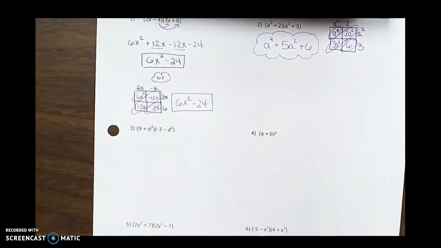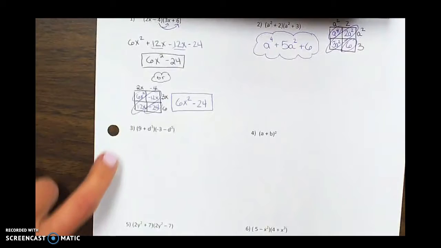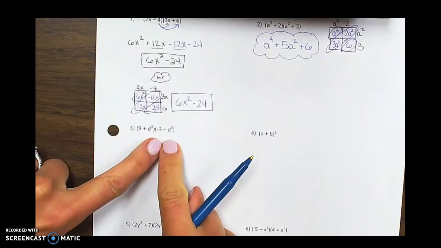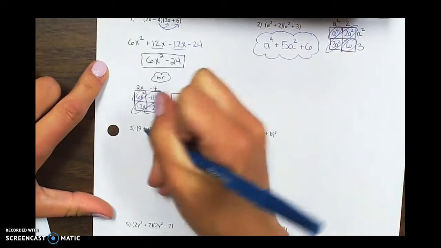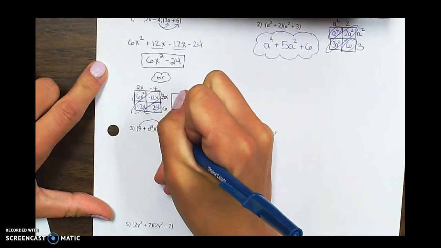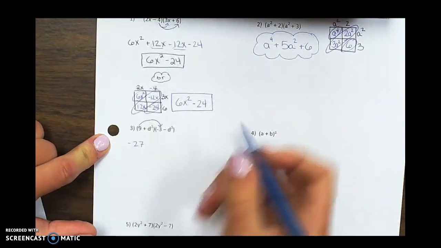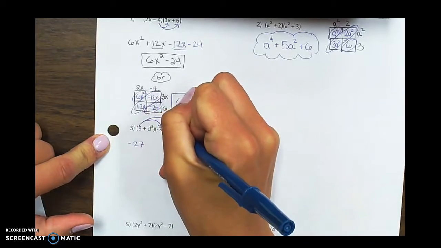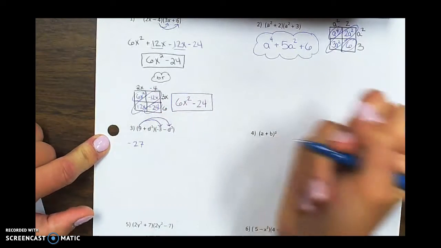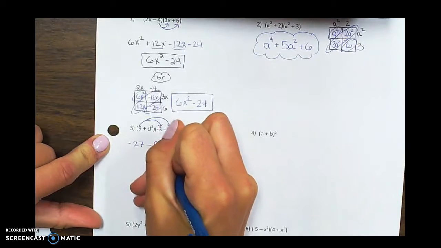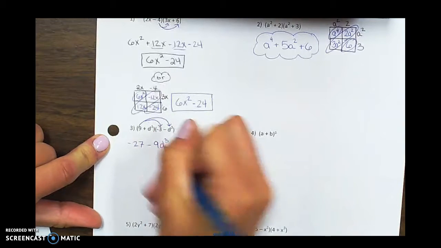All right, let's go ahead and try another one. So let's go down to 3. For this one, I'm going to use my long distribution. So here I have a binomial times a binomial. So I'm going to take 9 times negative 3, which is negative 27. 9 times negative d to the third, so that becomes negative 9d to the third.